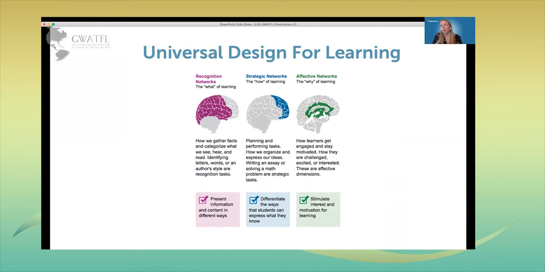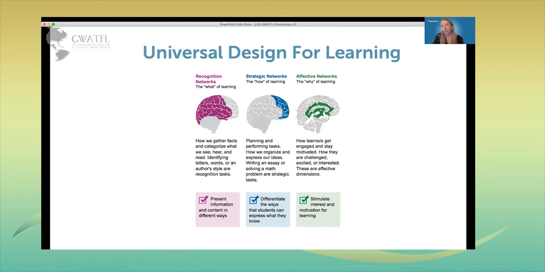But there are some common patterns that exist within those variances. And so as long as we are presenting content in different ways and providing different opportunities for students to express their learning and engage in that learning, then we can be addressing a lot of different needs within a given lesson.